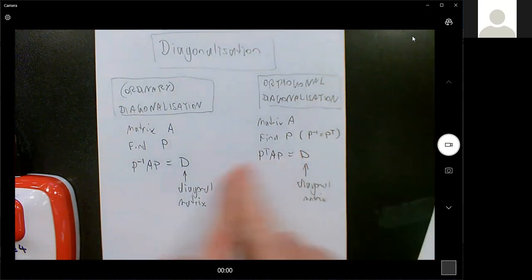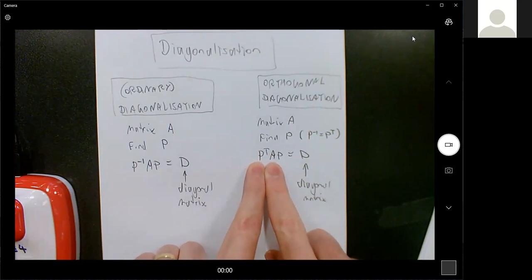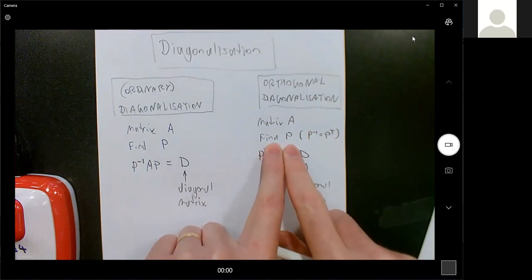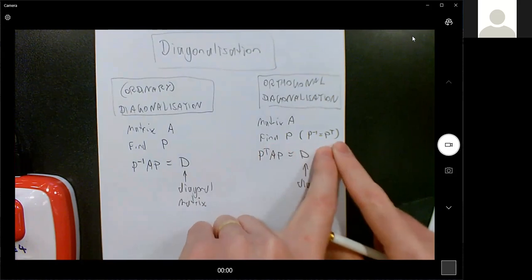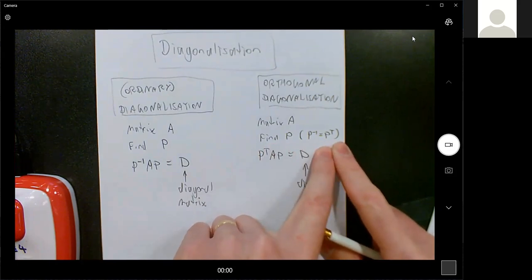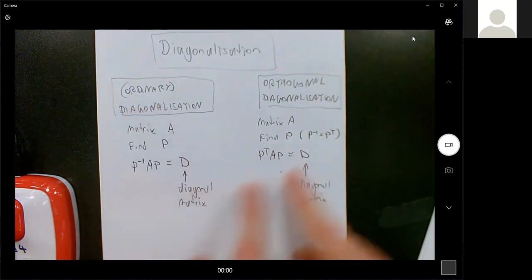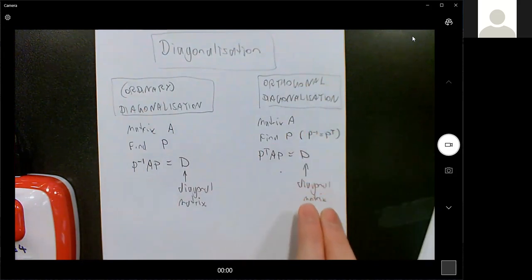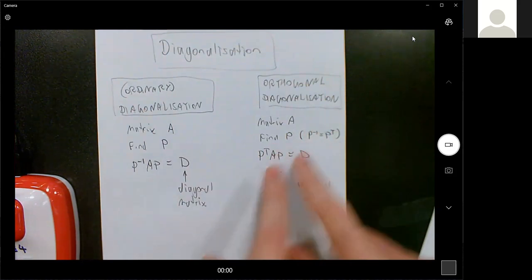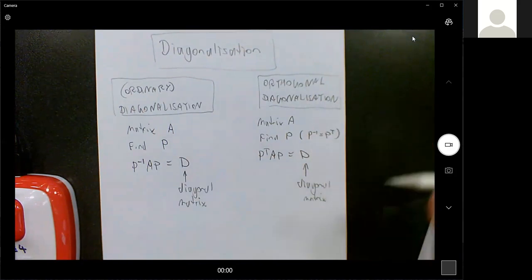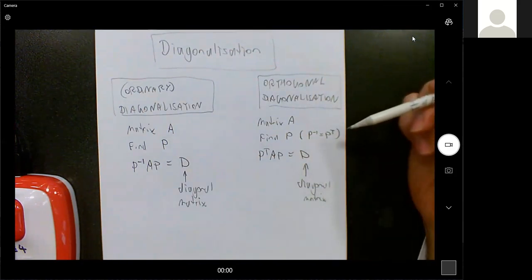So this is in fact exactly the same as this. This really is P inverse. It's just that for the matrix P that we find, P inverse happens to be the same as P transpose. So diagonalisation is this. Orthogonal diagonalisation is that you manage to do it in such a way that P transpose is the same as P inverse, which means that you can calculate the inverse of P much easier because it's just the transpose.